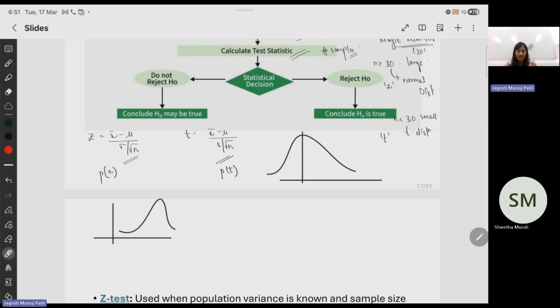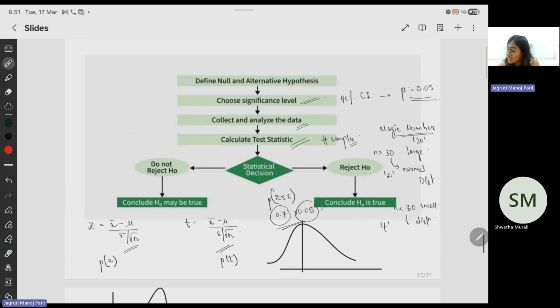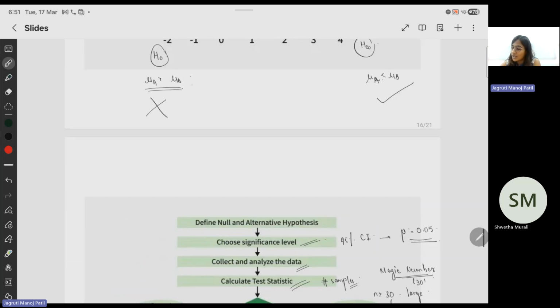Now, when you compute that probability, we just saw that our probability of z less than z came as 0.7. This 0.7 is far greater than 0.05, the critical limit that we defined. So whenever we have this case, it is not relevant to the hypothesis that we are testing.